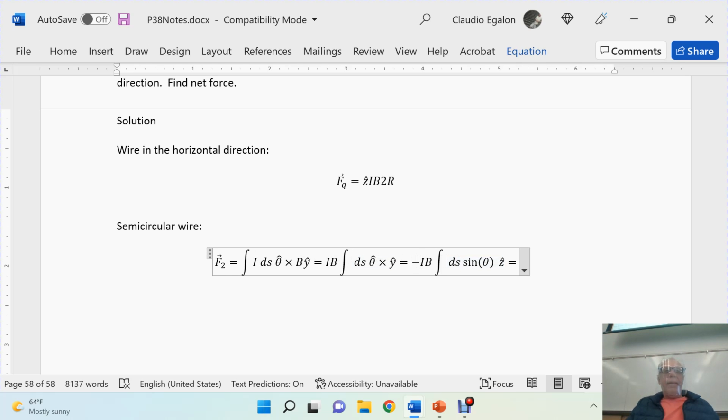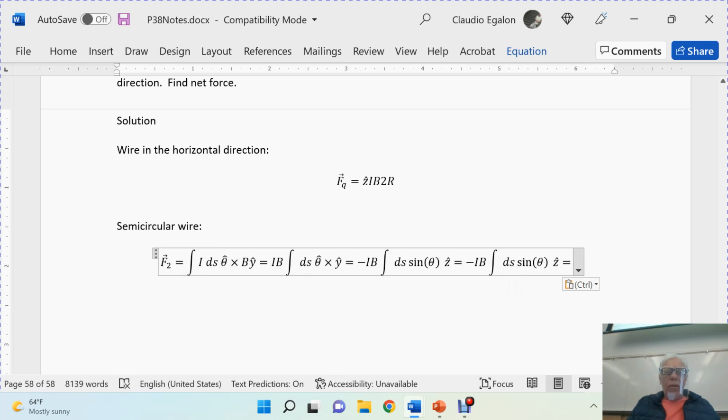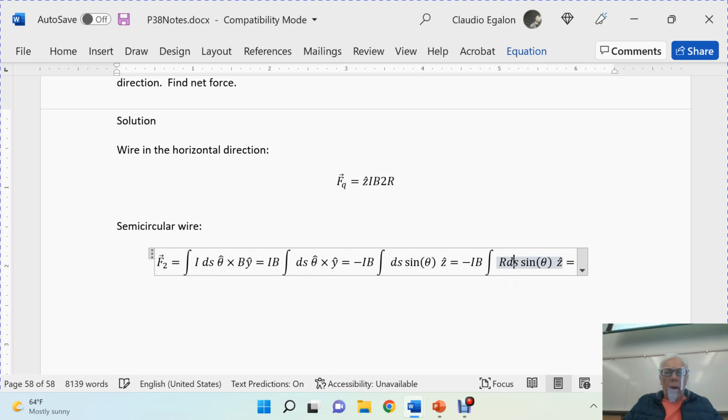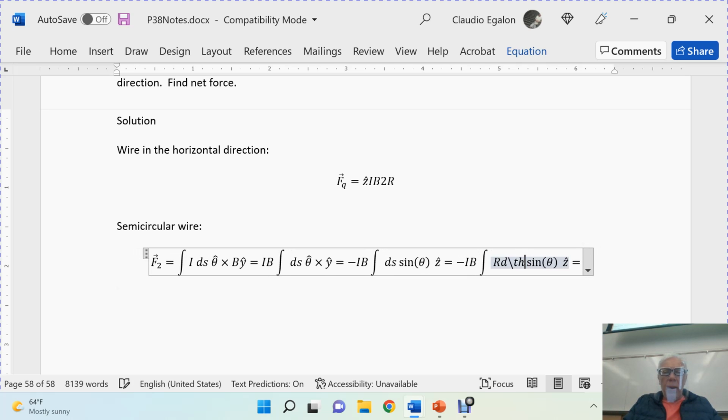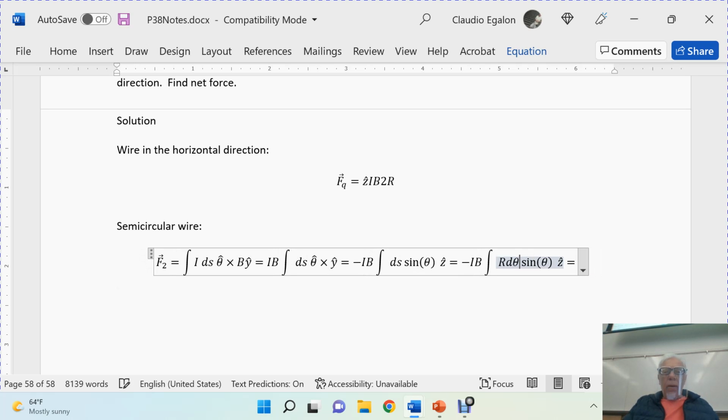Minus z hat. And the ds can be written as r, the radius of the circle, d theta. So r d theta. And now you can integrate from 0 to pi.